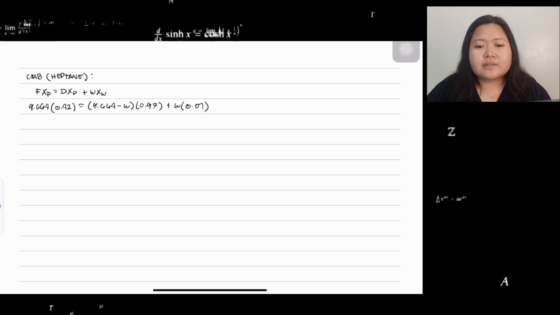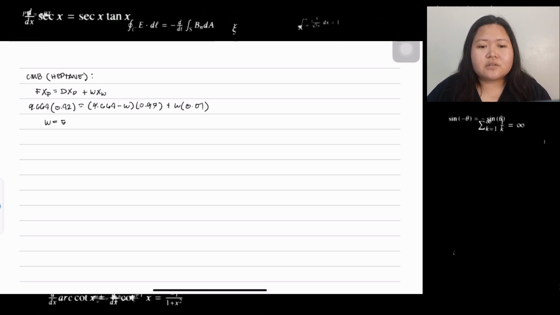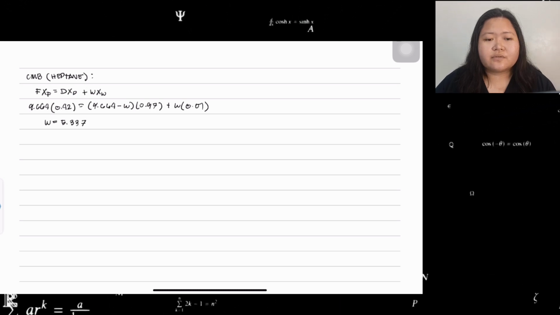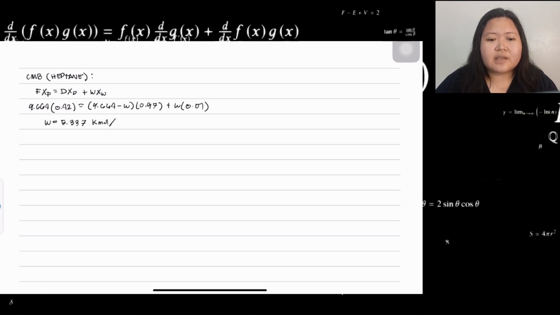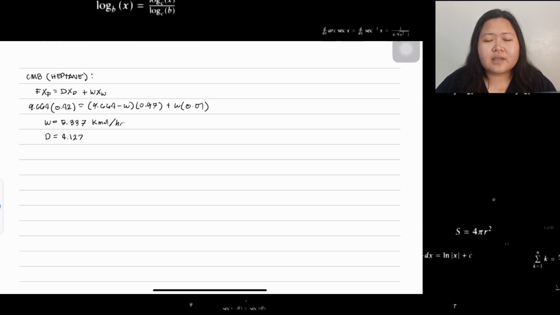Then we will substitute equation 1 to equation 2, and it will give W equal to 5.337 kmol per hour and D equal to 4.127 kmol per hour.